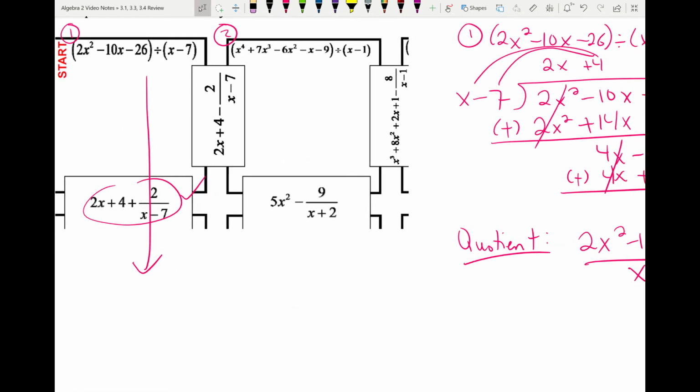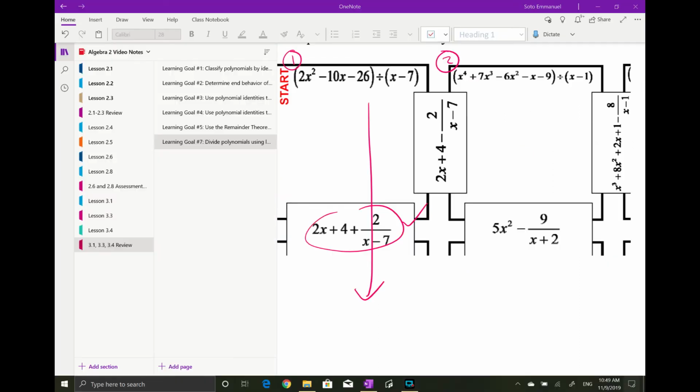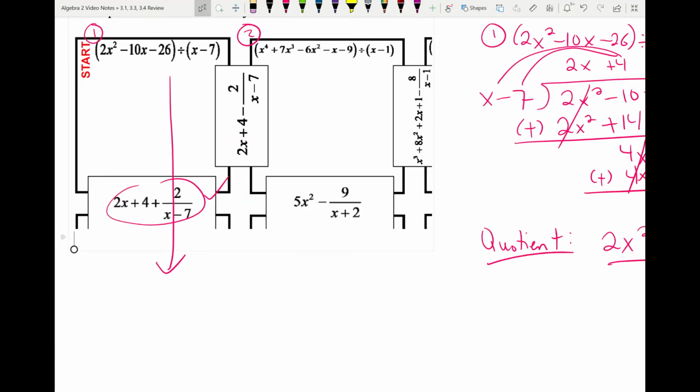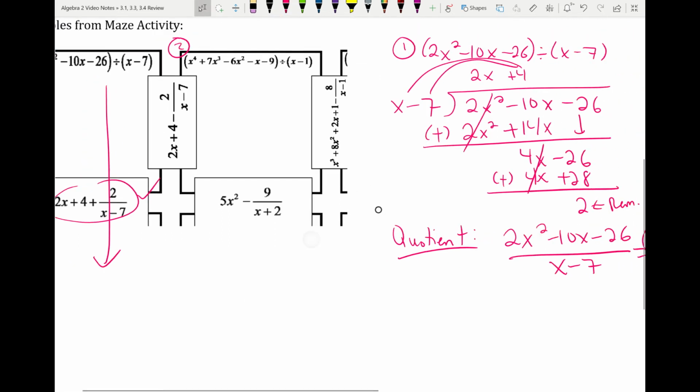All right, I also want to make sure that you know how to do number 2 over here, even though you may not do that problem until later, but I want to show you how to do that.